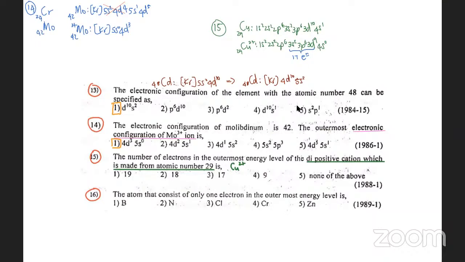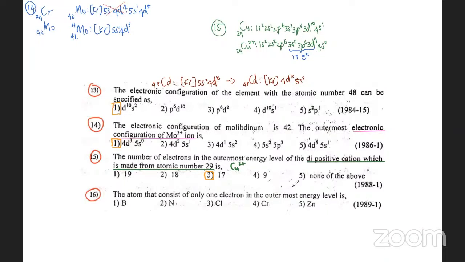For copper, it is 1, because the fourth main energy level is the outermost one. Okay, right, cool, thank you. So they have given 17. I think that is how we have to consider it, because once you remove the electron from the fourth main energy level, there are only 3 main energy levels now. So the third one becomes the outermost energy level.